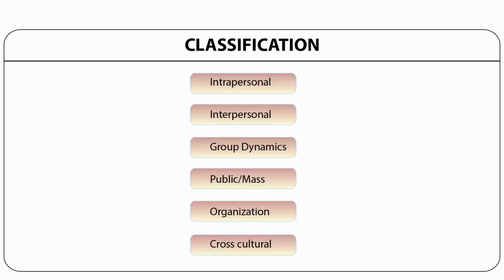Whereas organizational communication is within the organization. The communication flow may be top to bottom or in the reverse mode, like bottom to top. Cross-cultural communication is communication between cultures or religions or groups of people, where there is an exchange of ideas between the groups of people in relation.